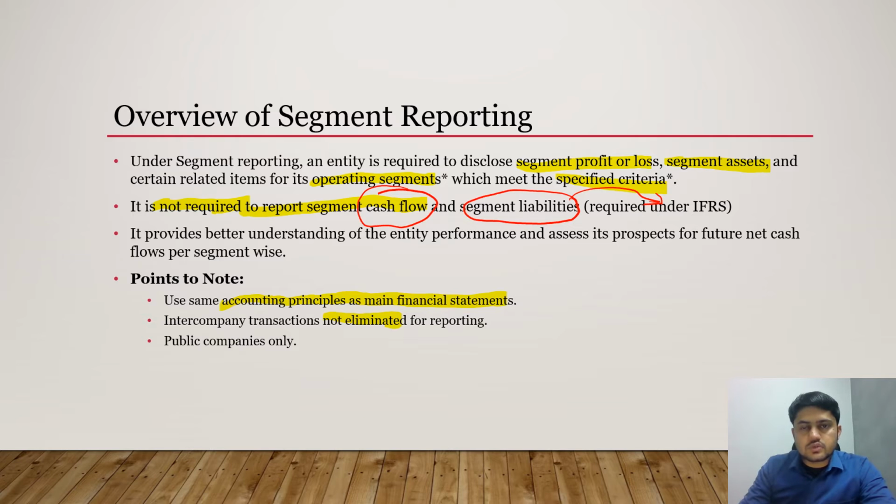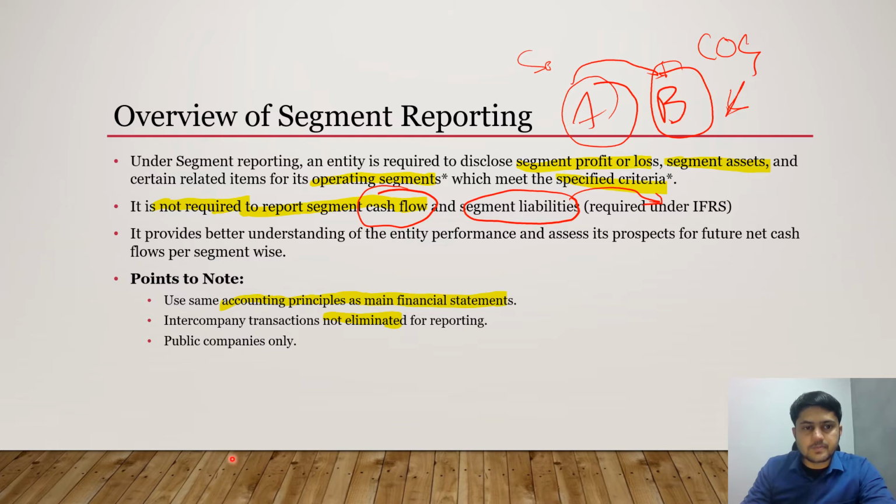Let's say there were two segments, segment A and segment B, and some goods were transferred by segment A to segment B. In that case, segment A should book revenue from segment B, and segment B should book cost of goods in its financial statements. So the intercompany transaction is not eliminated when you are reporting segment-wise. And last, segment reporting is applicable only to public companies.